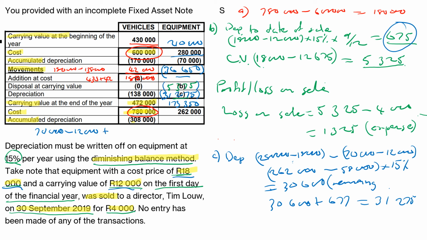Then we add this depreciation. Remember, we don't add the 675, those are plus 30,600, which gives us 70,000 minus 12,000 plus 30,600. That's 88,600.